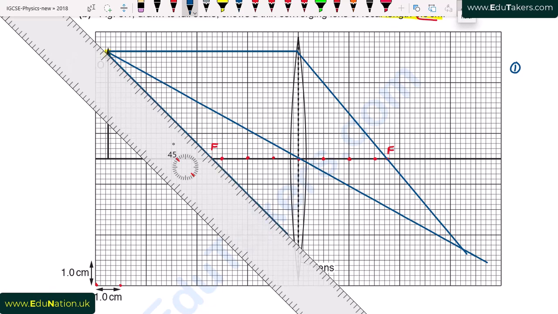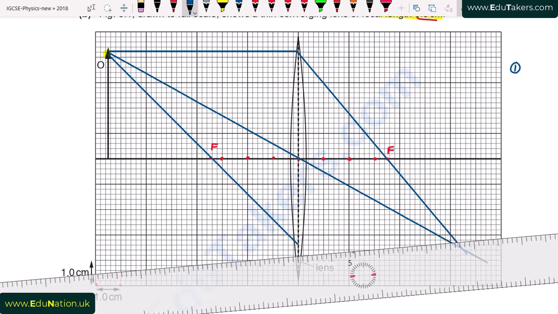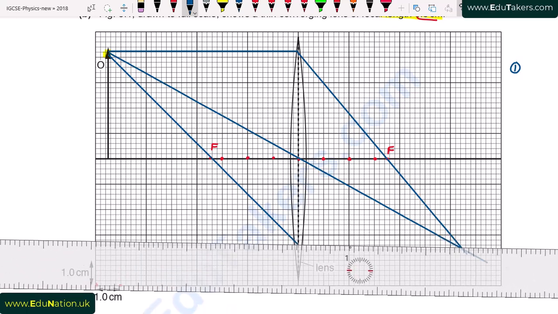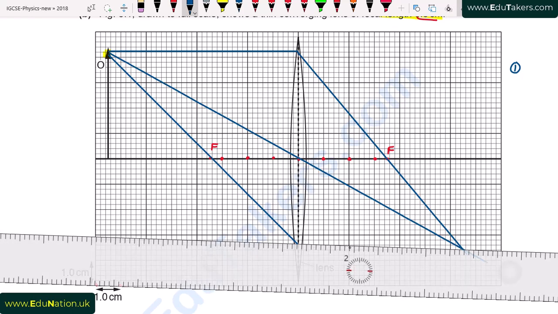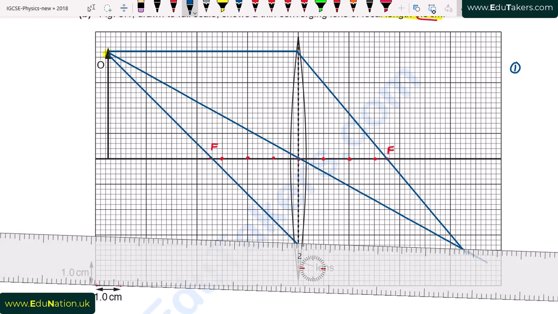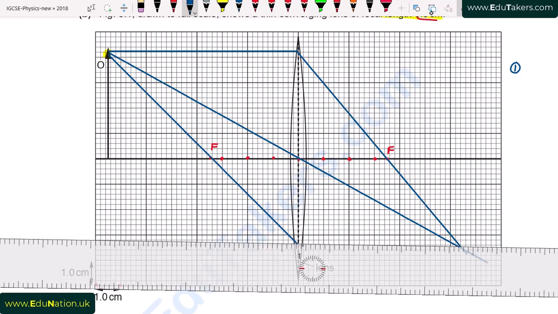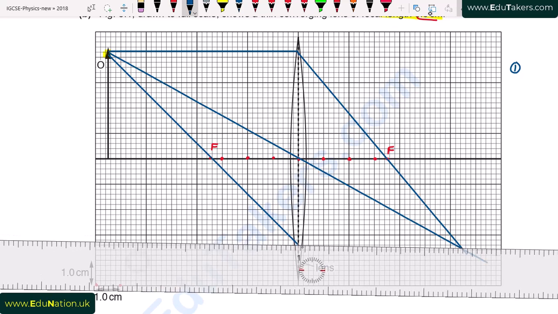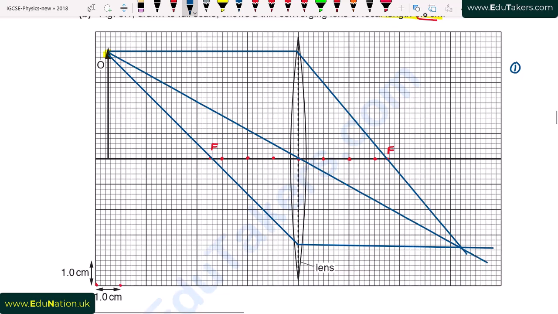And here is the refraction by lens. Then it becomes parallel to the optical axis. So at this point, image will form where all the rays meet at a point.